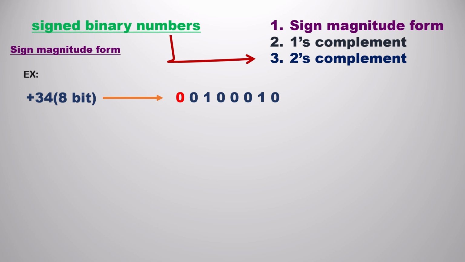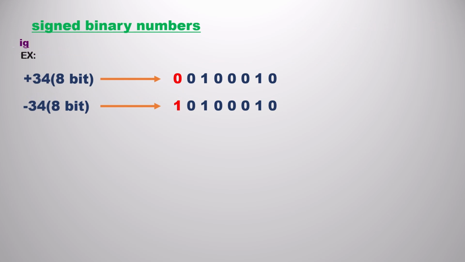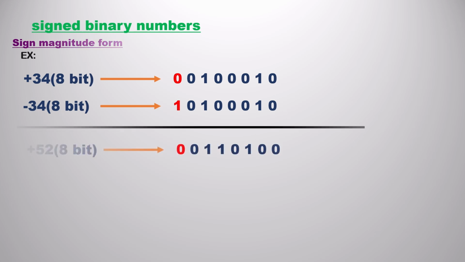That is 0, which means positive. And the most significant bit for minus 34 is 1. So you have to remember that plus means 0 at the MSB, minus means 1 at the MSB, and all the remaining digits will be the same for plus and minus.